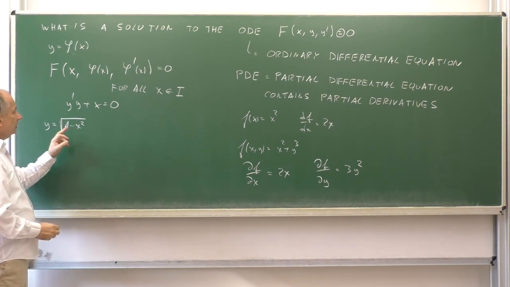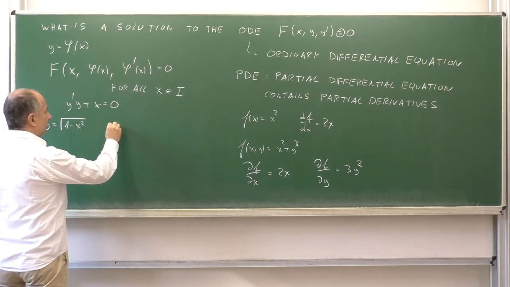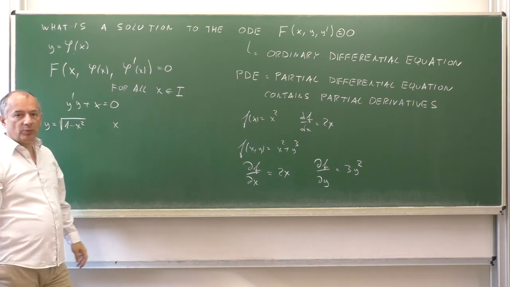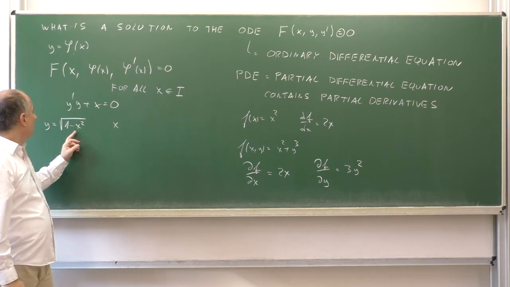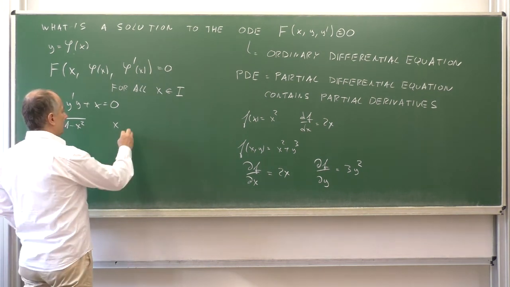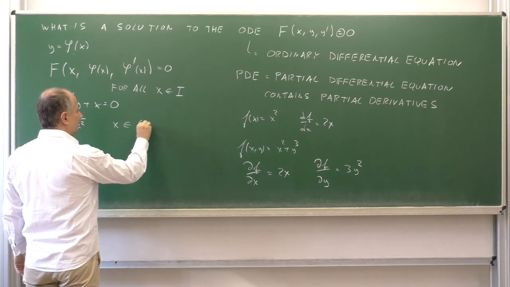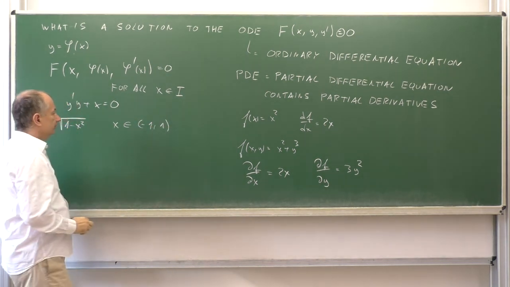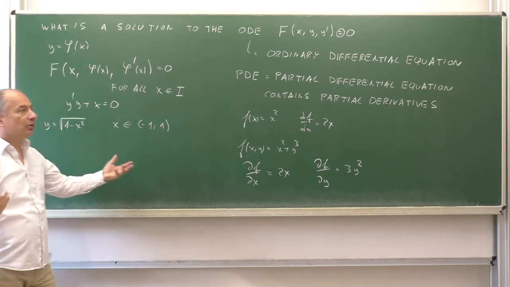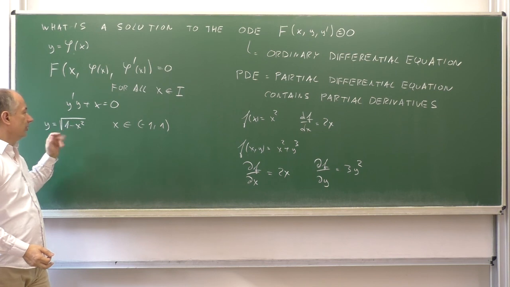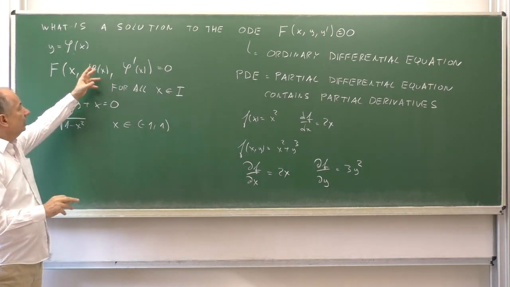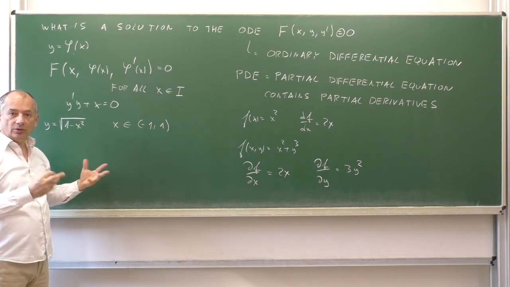We want this function to be defined to get real results, so 1 minus x squared must be non-negative, and we want the derivative to be finite, so we want x to be from the open interval -1 to 1. And you may ask, how should I know that this equation has this solution? This is not the problem of today. We just want to illustrate what a solution is, and what it is not.